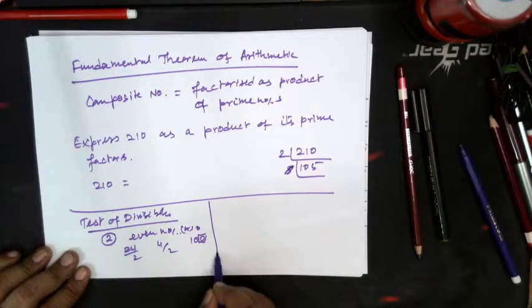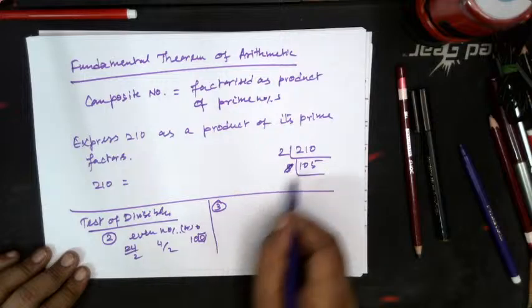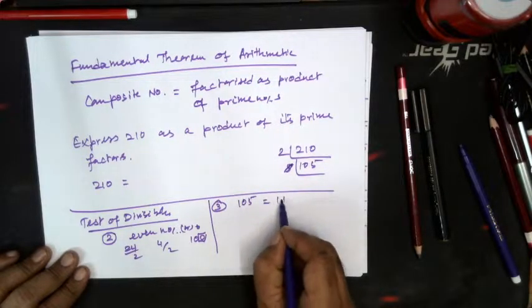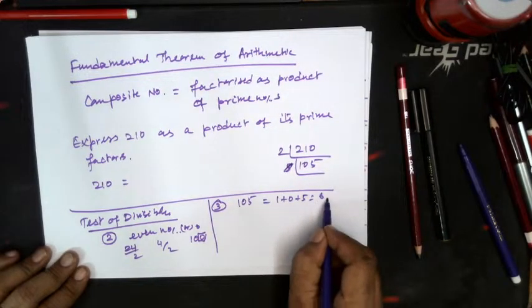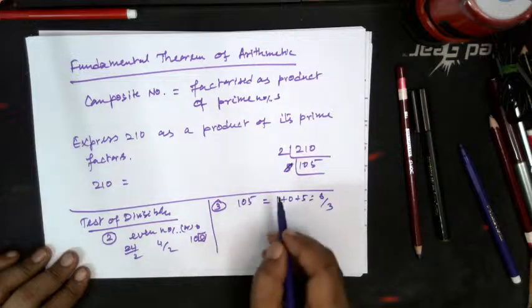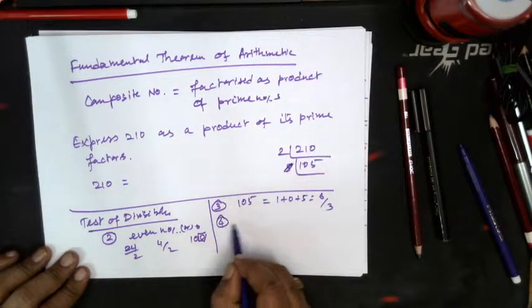Likewise, in the case of 3, you have to add the digits. For example, let me consider 105. Add all the digits: 1 plus 0 plus 5. How much? 6. So that is divisible by 3. Similarly, for 4, consider the last two digits, for example 2024.